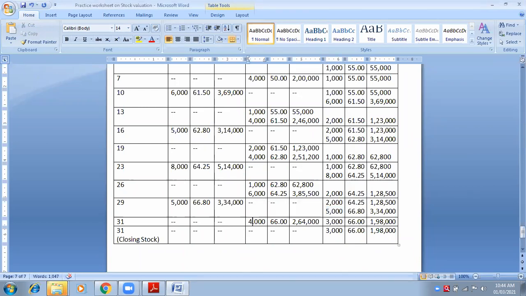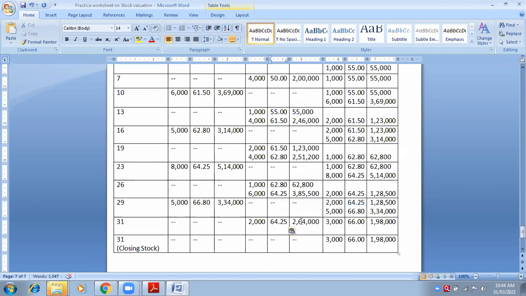So from the first slot we can issue all 2,000 units at the rate 64.25. 64.25 into 2,000 is how much? 1,28,500. Now, how much do we need to issue in total? 4,000.